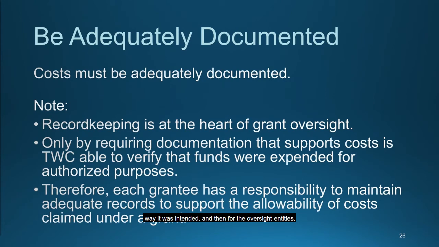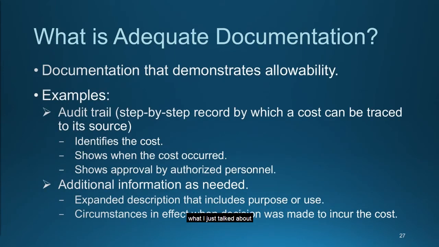And for the oversight entities, there's an expectation of ensuring that funds were expended as intended as well. So they're supposed to go look at that and test things, and that's where the monitoring comes in. That's why adequate documentation is so important and gets so much emphasis.